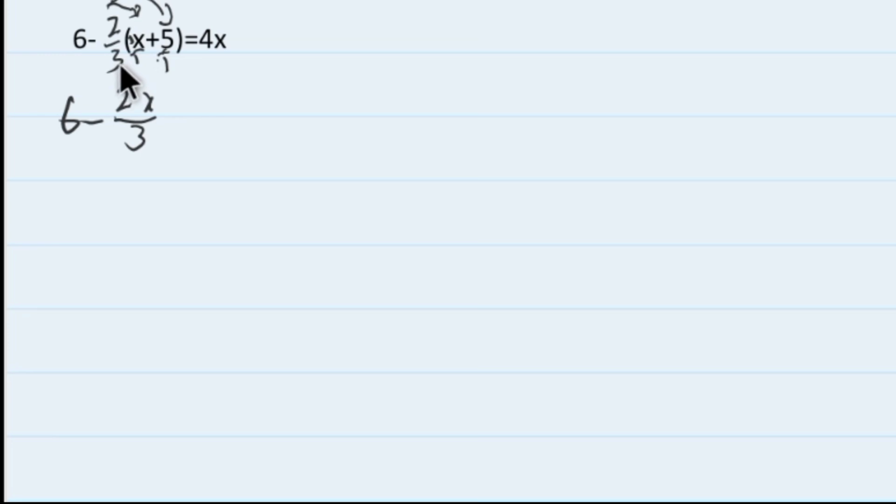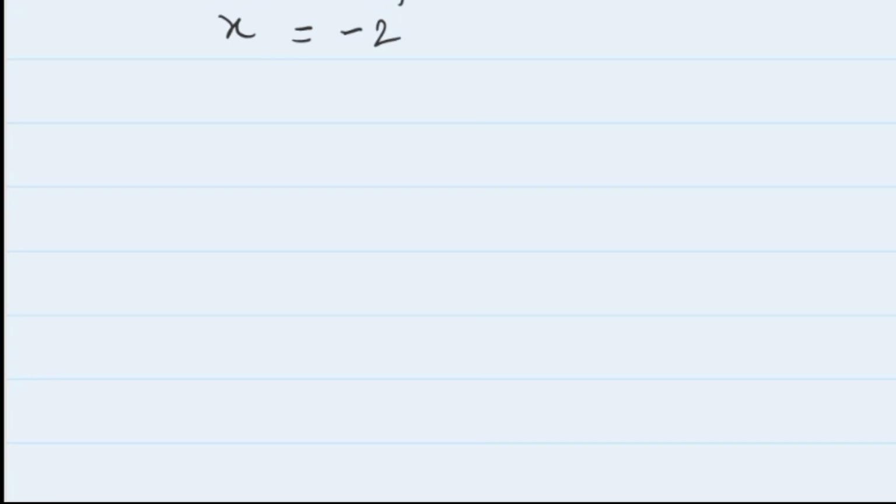Similarly, we have multiplied the denominators of 2 over 3 and x. Now we multiply the denominators of 2 over 3 and 5. So 2 fives are 10 and 3 ones are 3, and the symbol changes to minus.